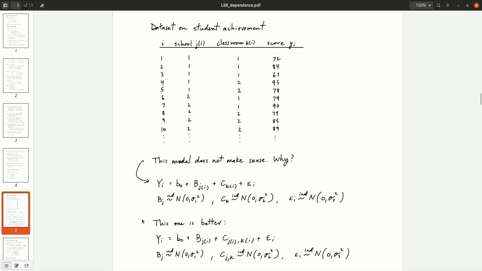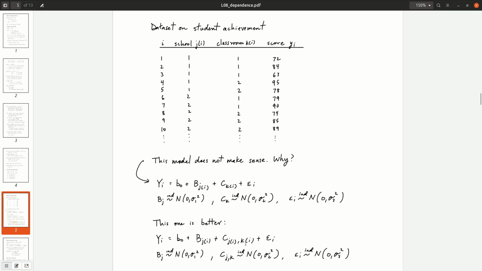Now this model is better. Y sub I equals B sub 0 plus capital B sub J I plus a different term, capital C, indexed by both school and classroom, plus the error term.